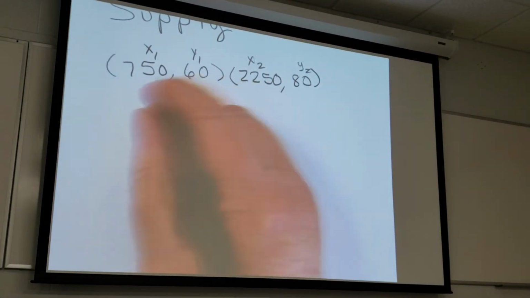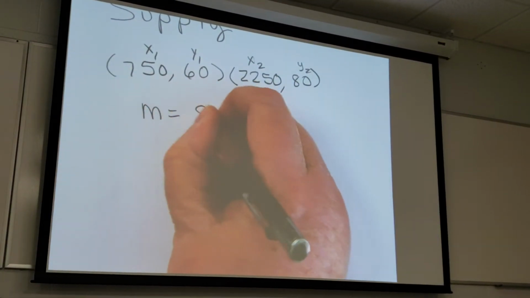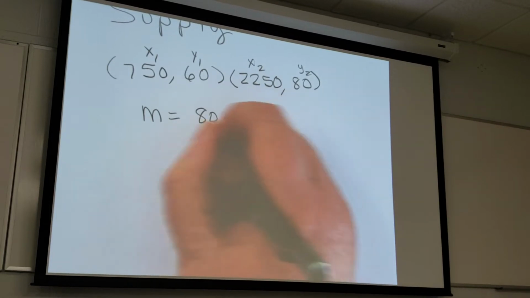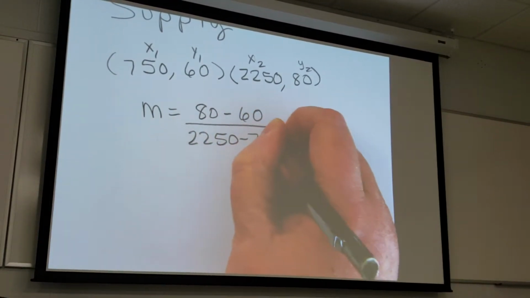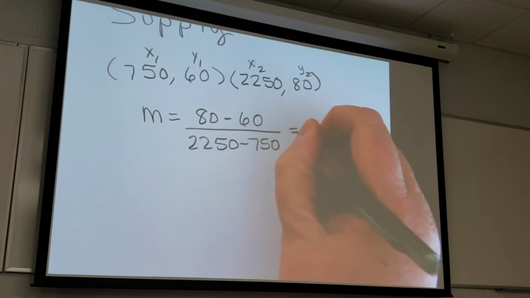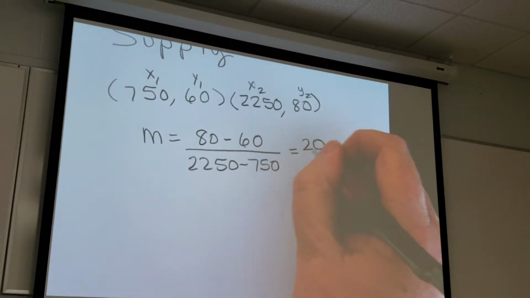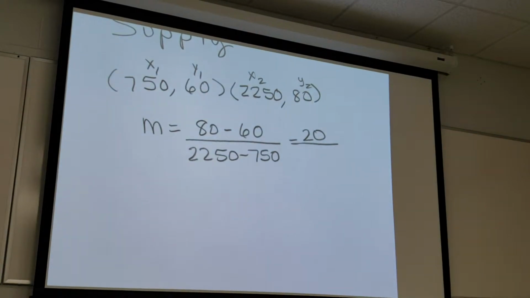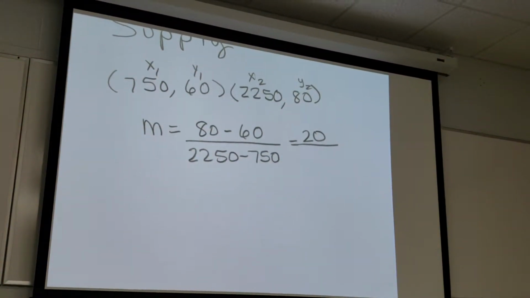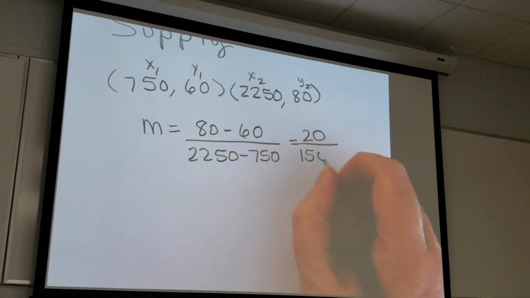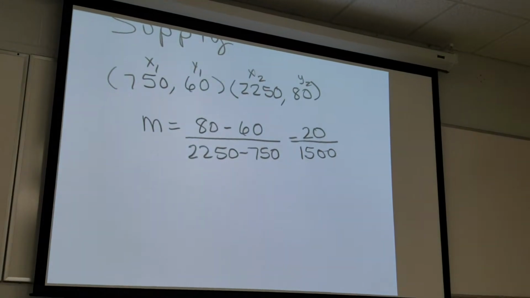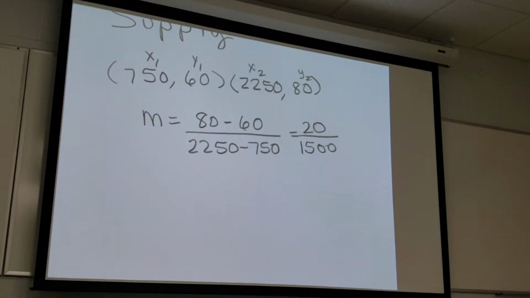So my slope will be 80 minus 60 over 2250 minus 750. 20 over 1,500.